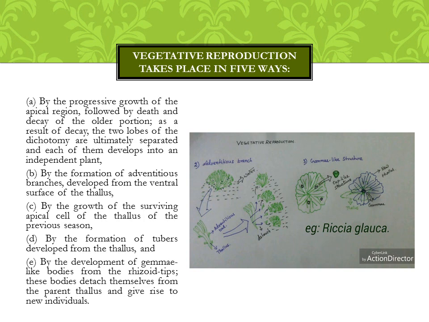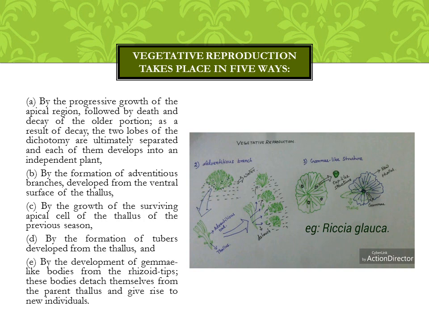This type of reproduction, although uncommon, is found in Riccia fluitans. So by the formation of adventitious branches, they develop from the ventral surface of the thallus, and a new plant arises.